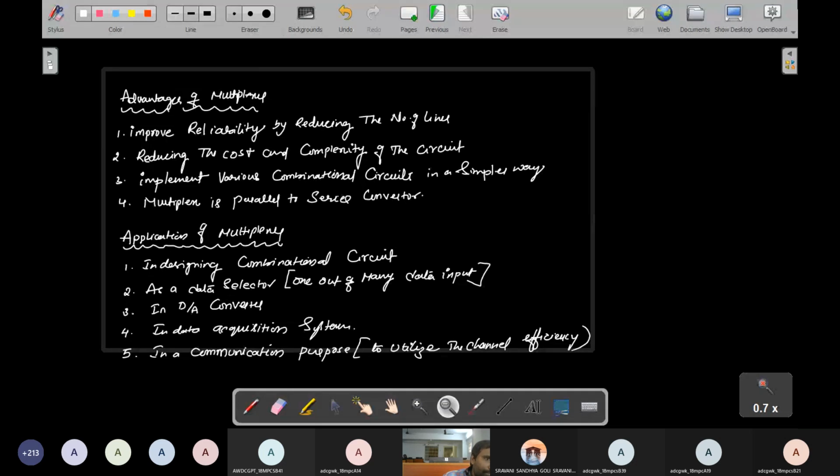I'll move to the next concept: demultiplexers.